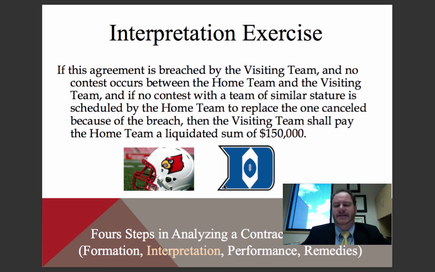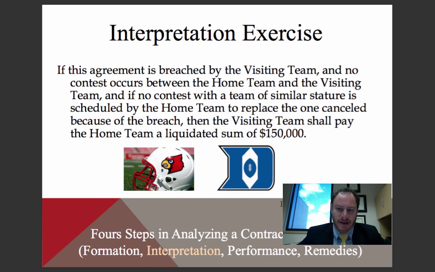There was a contract signed between the University of Louisville and Duke University to do a home and home series. Duke came to Louisville, and then Louisville was going to go to Duke.